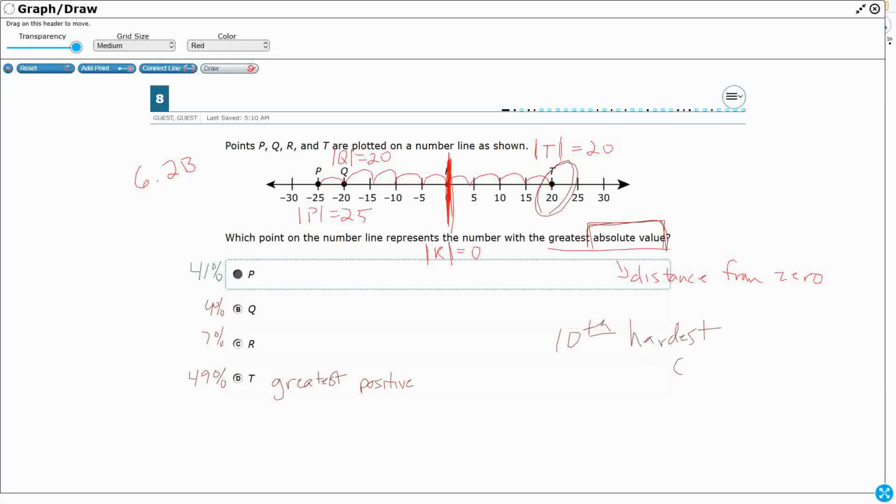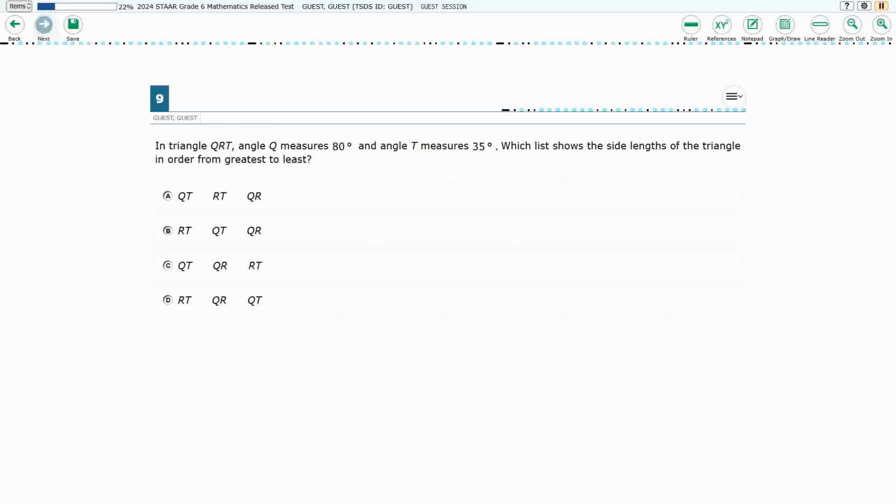This was tied for actually our 10th hardest item. And really, we struggle between, it's a definition issue simply because they're choosing the greatest positive number. And we know that's not a part of absolute value, which means they probably had difficulty accessing the definition or a working definition of absolute value to solve this problem.